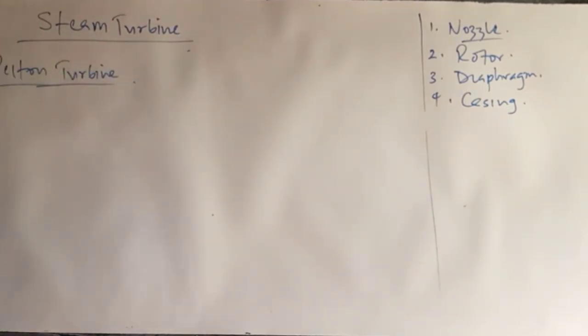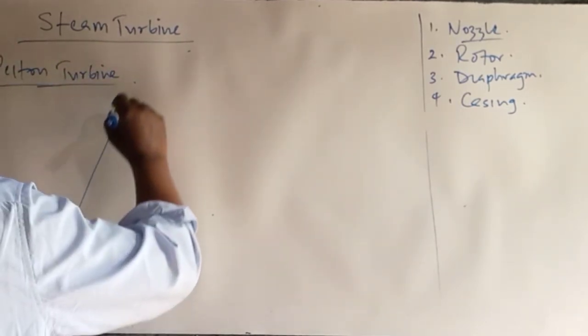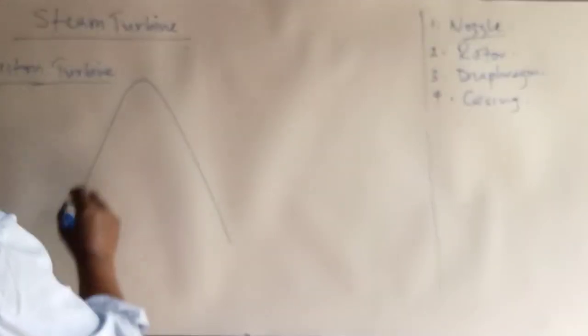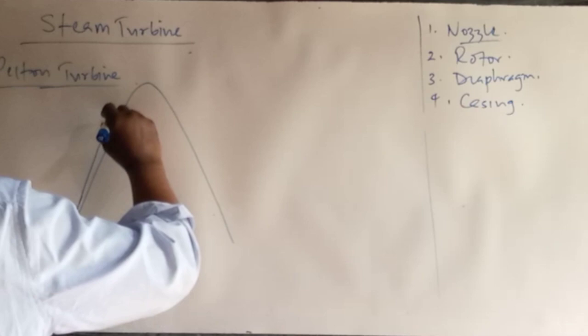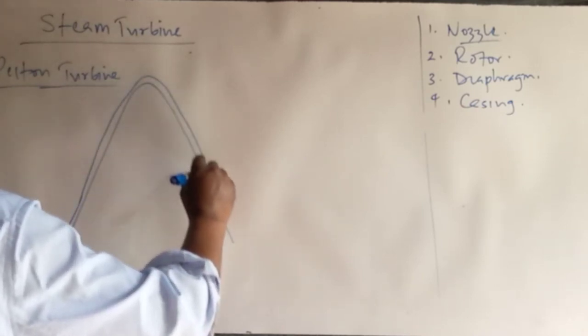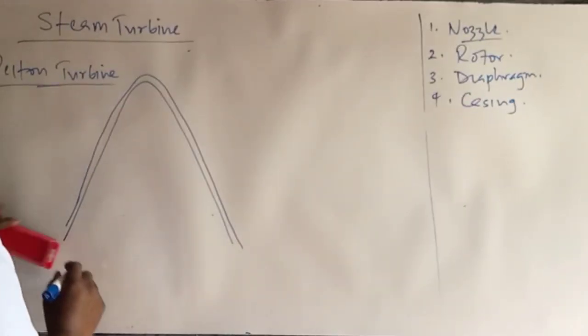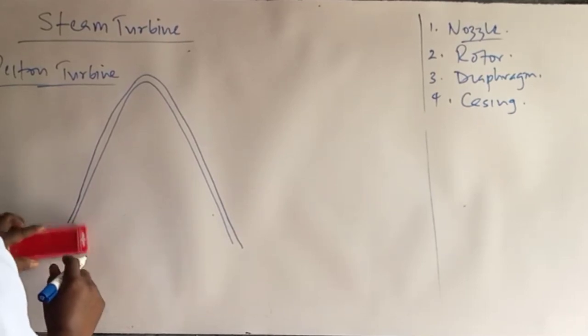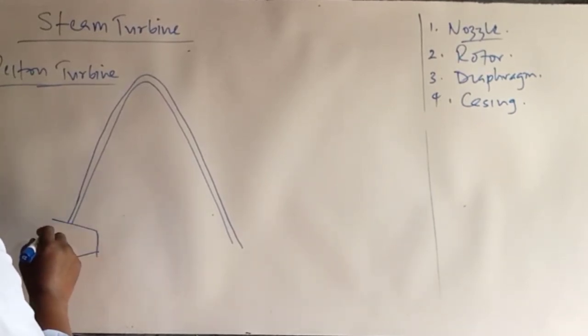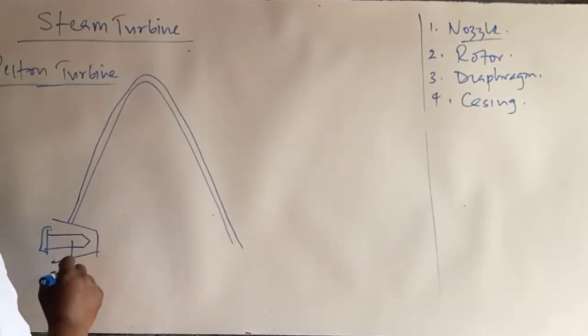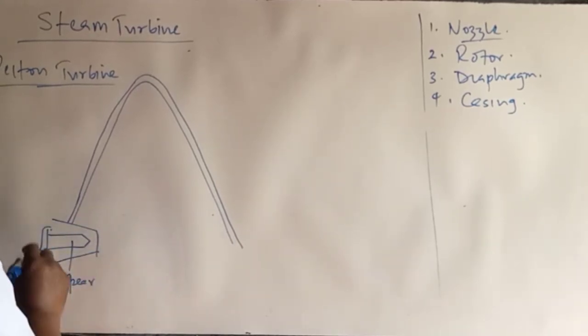And in the Pelton turbine, we have our casing, you have that wheel, you have the spear, this is the nozzle.